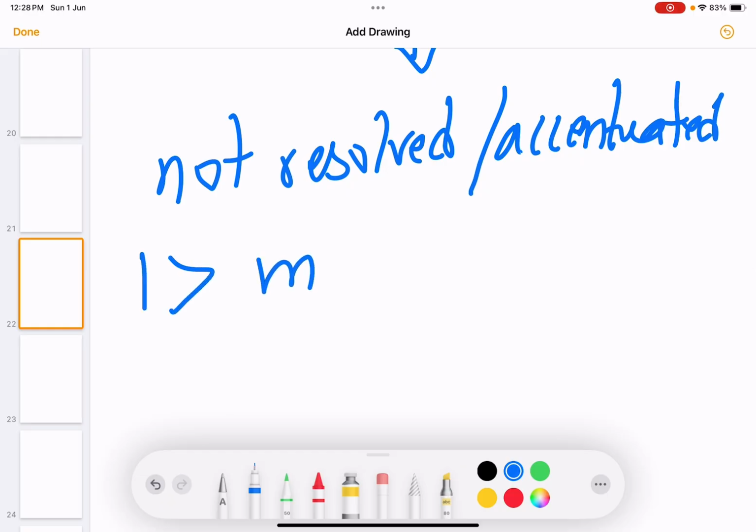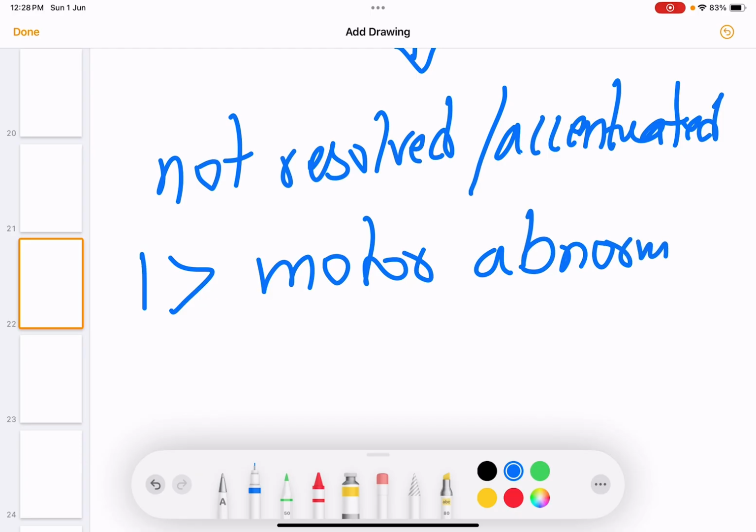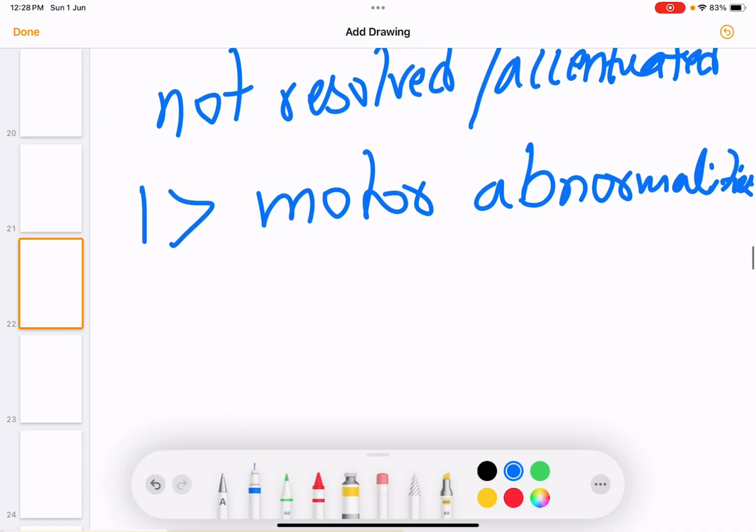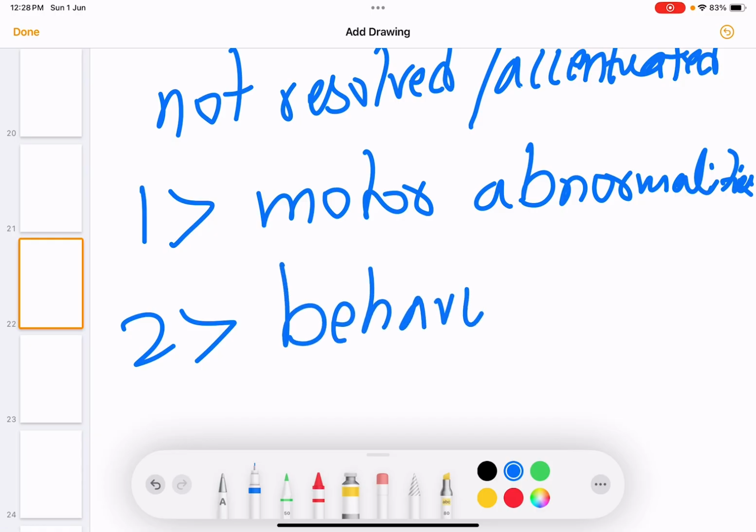So one is motor abnormalities. Sometimes there is dyskinesia and this dyskinesia is more with the combination. So that is one problem. Then there can be behavioral abnormalities. This motor and behavioral abnormalities sometimes can be more pronounced with the combination.